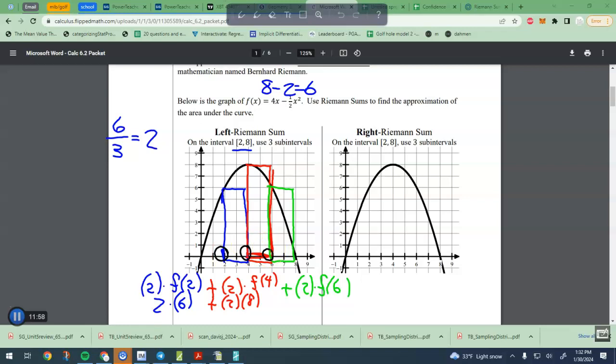You will never plug in f of 8 in a left-handed sum, because that's never going to be on the left-hand side of an interval. And then you would figure out what that is. I don't really care that much about the answer, but I feel like I should put it: 12 plus 12 plus 16, so 40. But the process is more what I'm looking for. Question on the left-hand method at all?